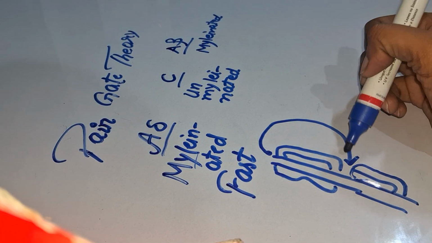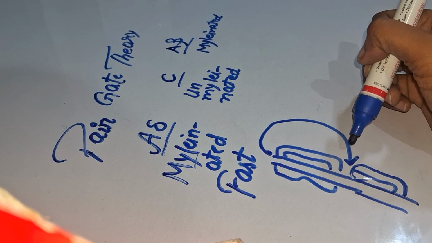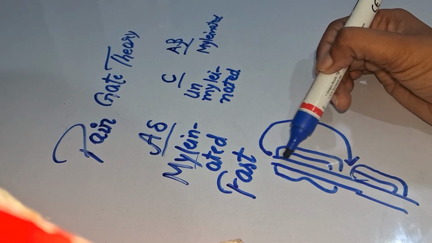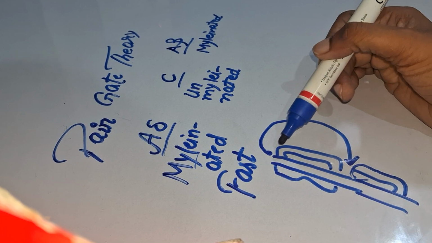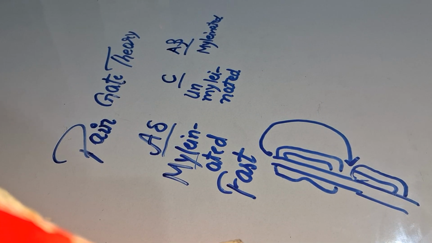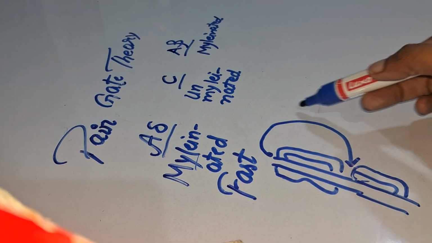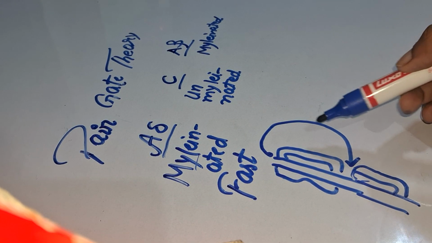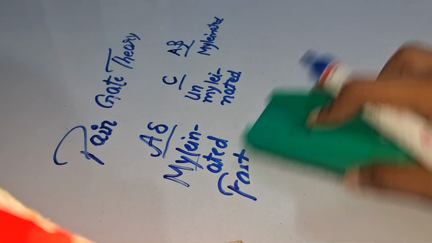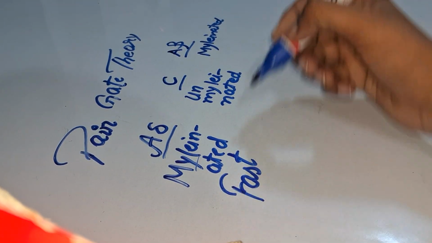This is saltatory conduction, or the jumping conduction, because the myelin sheath is present here. The impulse will not travel via the myelin sheath. It transmits the signal like this. So this is known as jumping conduction or saltatory conduction. Fast stimulus means it will conduct fast.